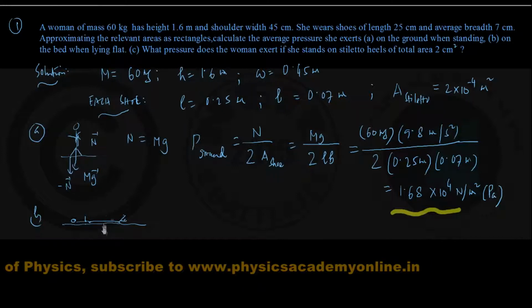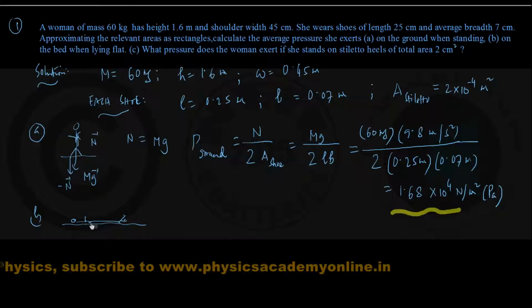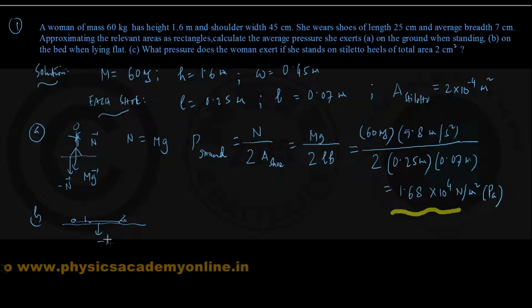Once again, you can argue that the gravity force acting on the woman's body must be balanced by the normal force given by the bed. As an action-reaction, the woman also exerts a downward force that we called earlier minus N, and this N is equal to the force of gravity only. So whether she is standing on the ground on her shoes or lying flat on the bed, the normal force given by her on the surface in contact remains the same, N equal to the force of gravity acting on her.